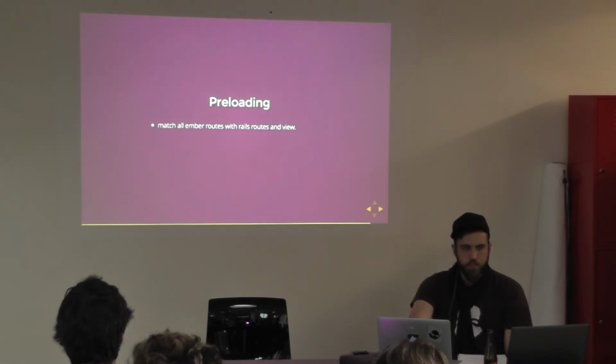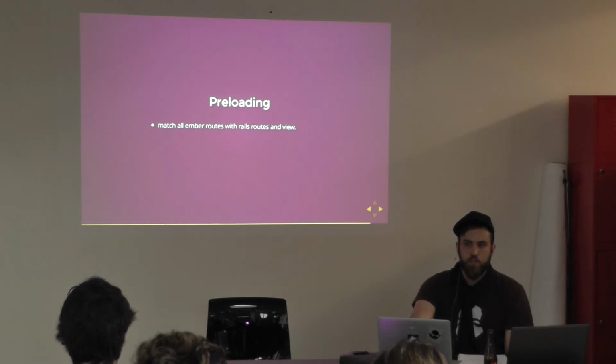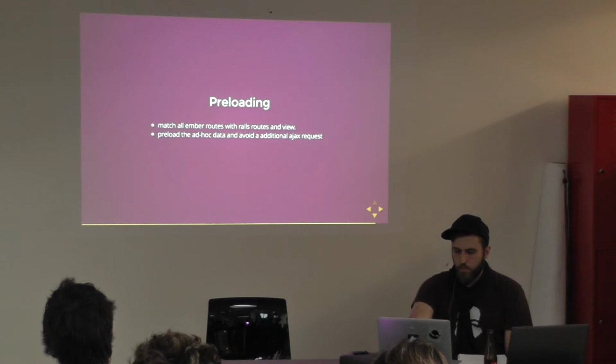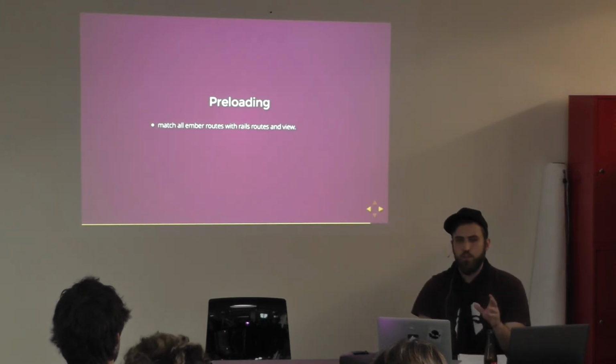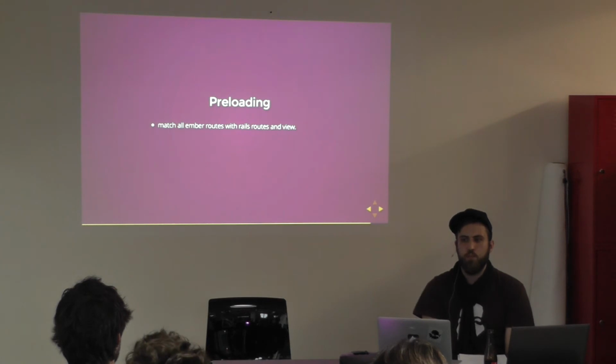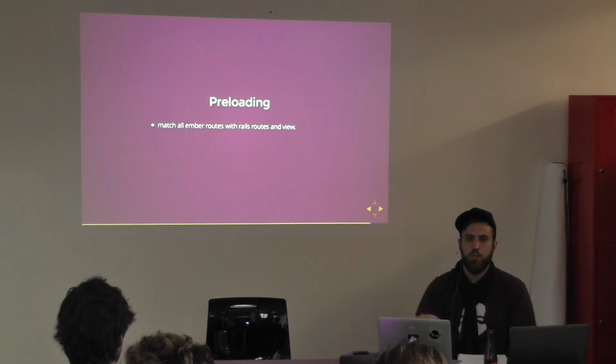So one nice thing about having an Ember app in a Rails app is that you can do preloading of data, so that you don't have to make the first JSON request. Usually when your Rails app renders the Ember app, it will initialize the Ember app, and then it will make the query to get the first models.